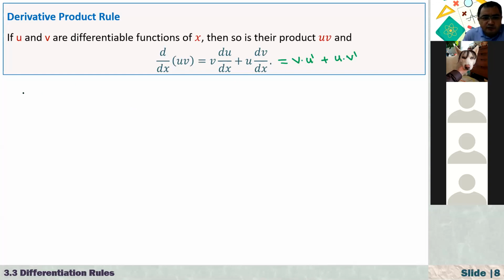So I'm going to prove that d/dx of uv, where both are functions of x. By definition, how to calculate this?